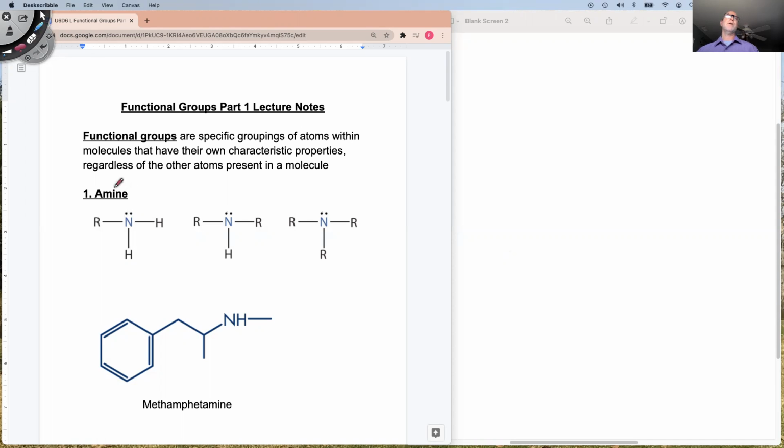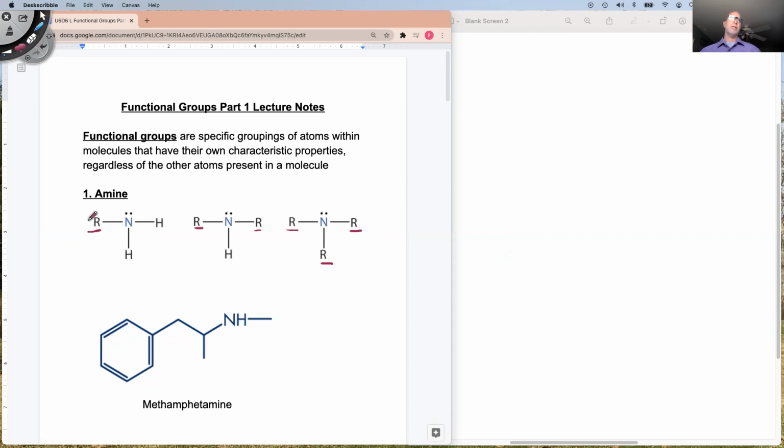An amine functional group has a very specific function. But before we get to that, let me remind you, because we talked about these R's before, each of these R's is a carbon chain. These are not elements. They stand for a chain of carbons, whereas this capital N stands for nitrogen, and the H's stand for hydrogen.